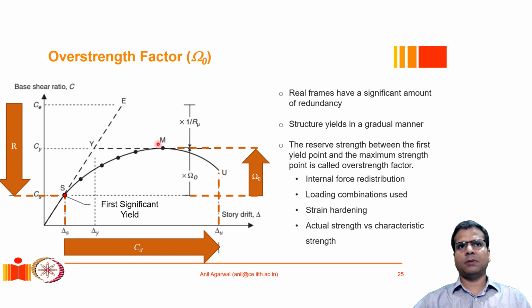FCE members were not supposed to plasticize or undergo plastic deformations during the earthquake loading. So all the plasticization has to happen in the DCE type of systems. So how do we ensure that the members which are not supposed to plasticize do not plasticize, while the elements which are DCE are plasticizing?